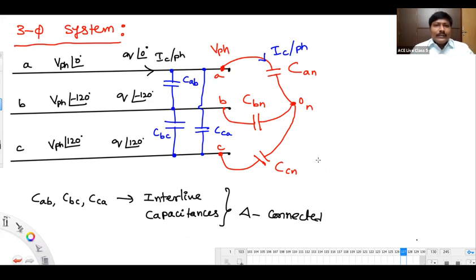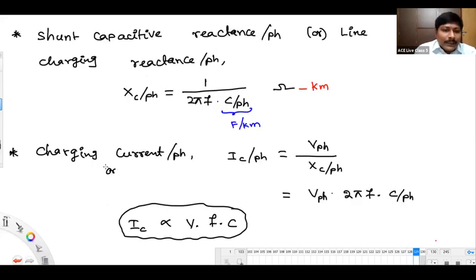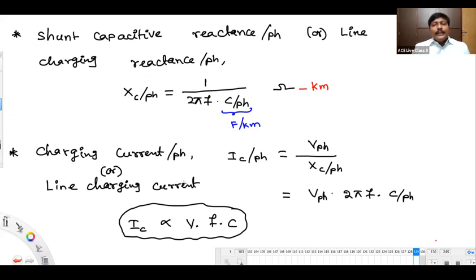So line charging current and per phase charging current are exactly equal; there is no difference in the two values. So in the examination, whether he asks for per phase charging current of the transmission line or line charging current, both will be equal.